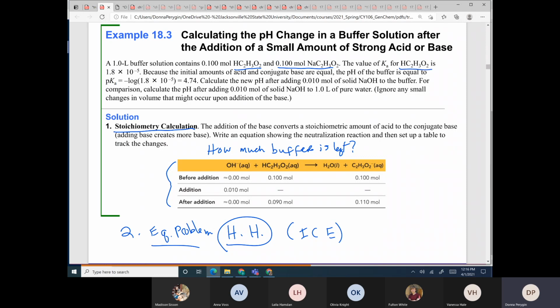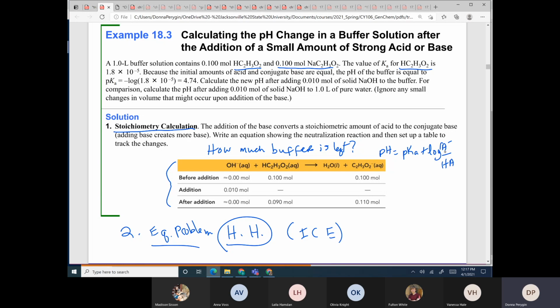Because the initial amounts of conjugate acid and base are equal, the pH of the buffer is equal to the pKa. So remember that Henderson-Hasselbalch equation? pH is equal to pKa plus the log of A minus over HA.